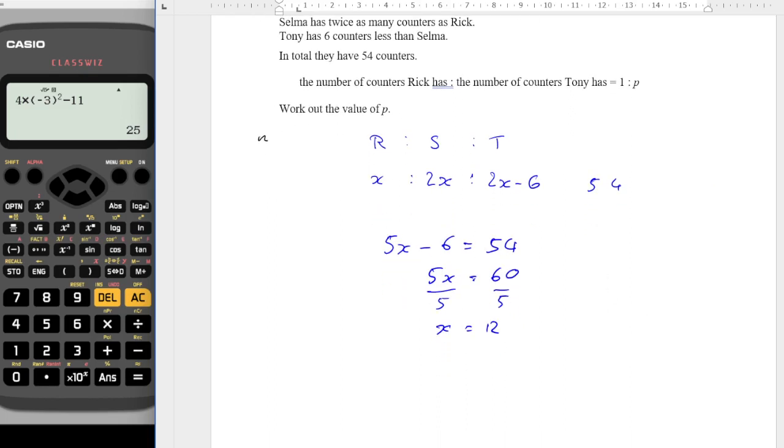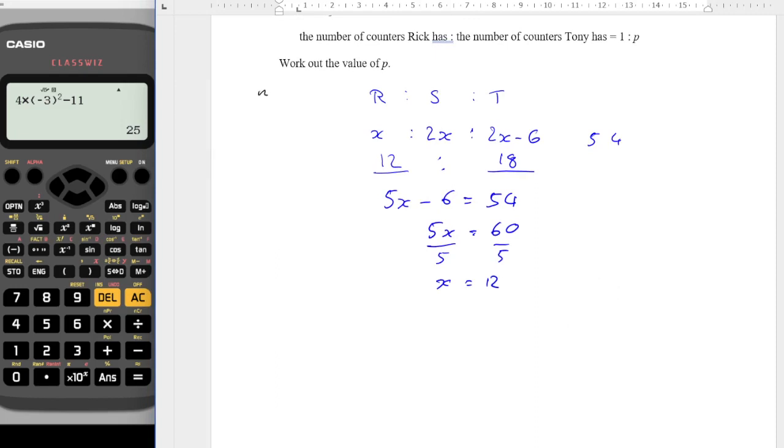So if we go back up to our ratio here, Ricky has to Tony has, so we actually want this one to this one. So Ricky has 12, and Tony is going to have 12 times 2, which is 24, take away 6 is going to be 18, but we're told to give it in the ratio of 1 to p.